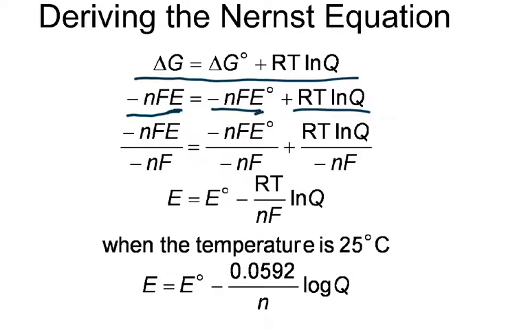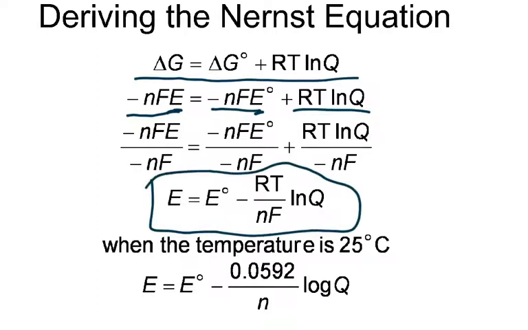This is the standard cell potential. Kind of rearrange things, and we can get this equation, which is the Nernst equation. If our temperature is 25 degrees Celsius, we can use this version, where our potential is the potential under standard conditions minus 0.0592 divided by n, again that number of electrons, log of Q.